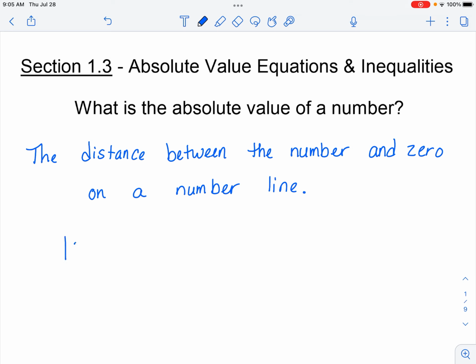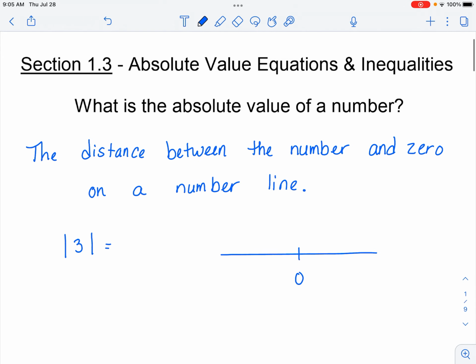Okay, let's talk about the absolute value of 3. If we picture a number line, here's the number 0. And then if I go over here, 1, 2, 3, here's the number 3. This distance is 3 units long. So the absolute value of 3 is 3. What about the absolute value of negative 3?